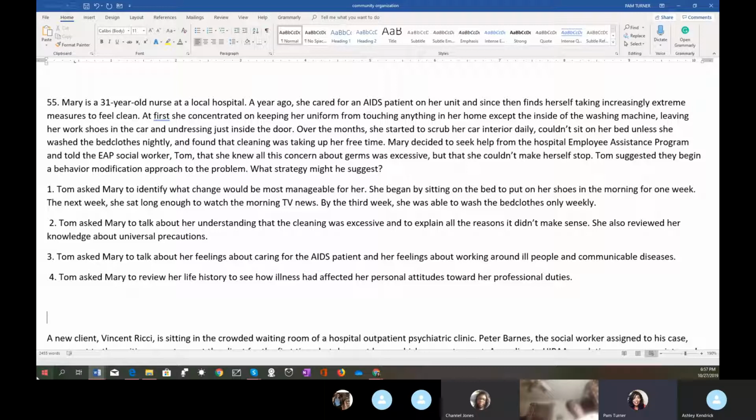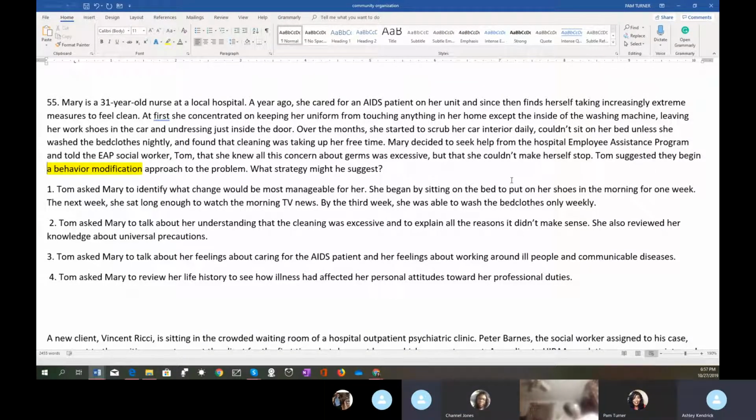However, my question is a behavior modification approach. So when I'm using a behavior modification approach, am I using my cognitions? Am I thinking about it, processing it? CBT? Okay. Does it say CBT though?